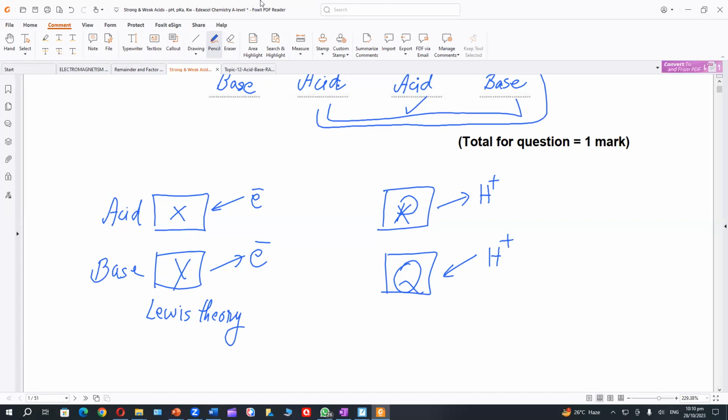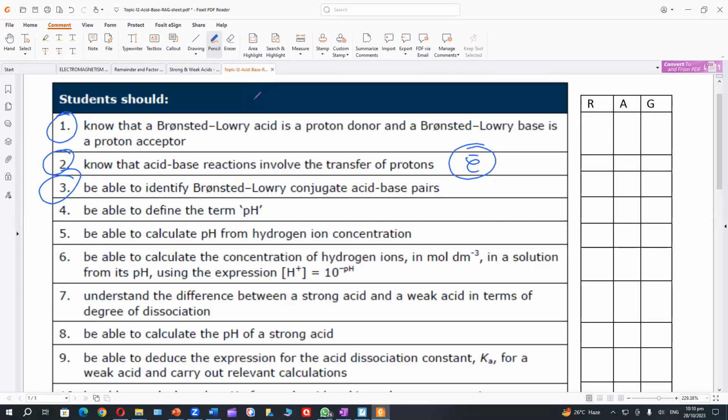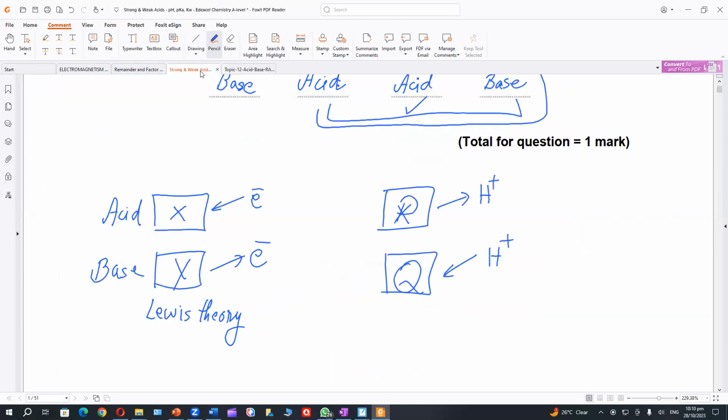Look at the line again. So we need to clear this confusion forever. Look at this first line. Acid is a proton donor and base is a proton acceptor. Good. Now I ask you again, acid is a proton donor. So what is P?